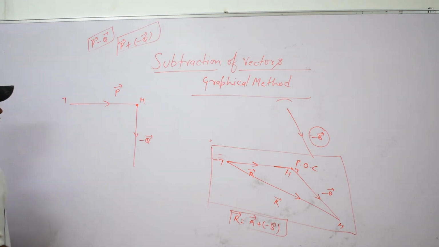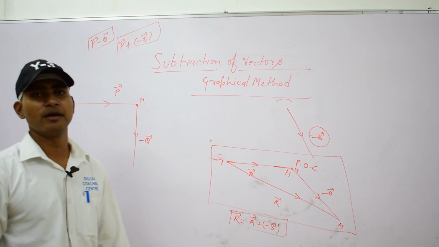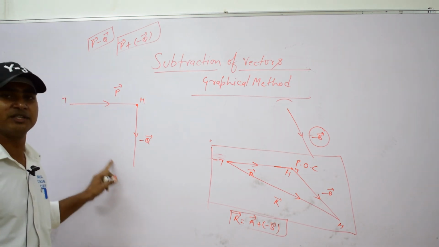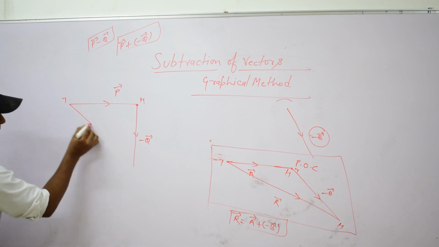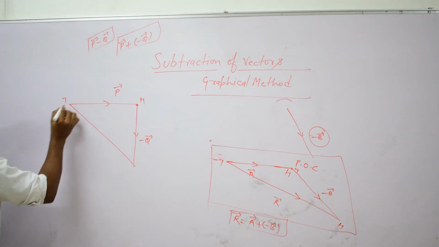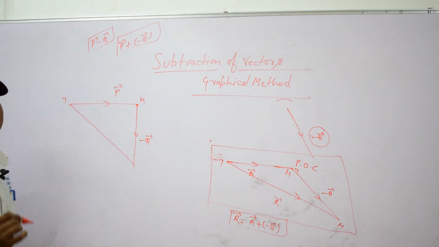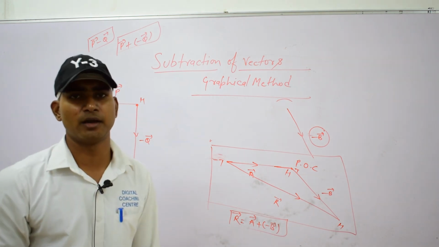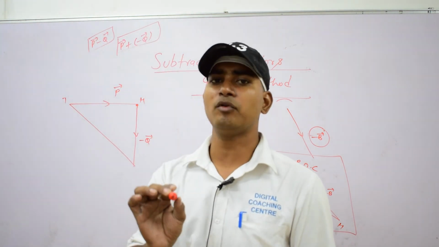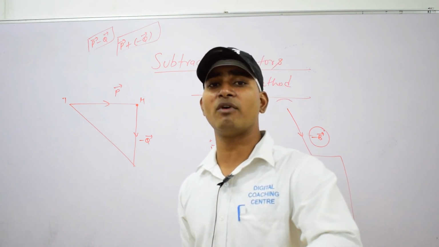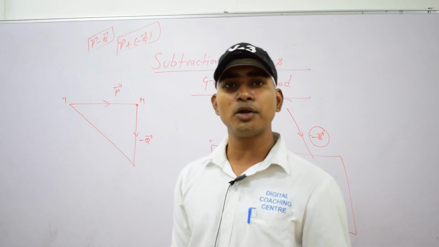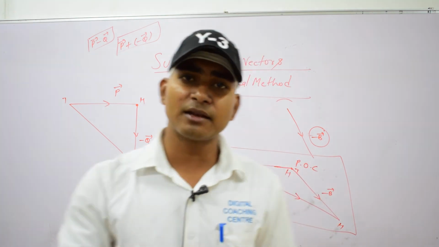Okay. And the resultant will be the closing side of these two sides. So I am drawing the closing side, and for finding the direction of the resultant, what is the procedure? We have to join the head of the resultant towards the head of one vector and the tail of the resultant towards the tail of another vector.